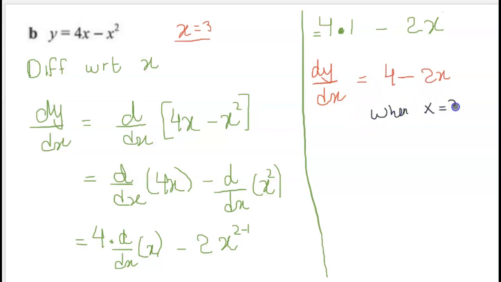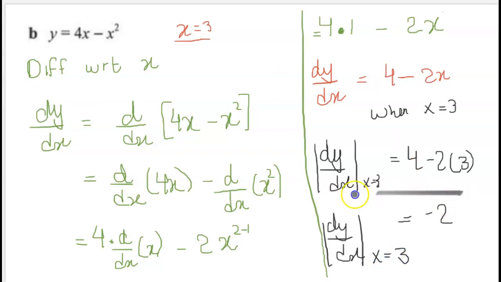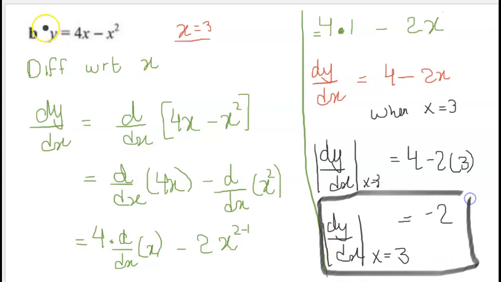When x is 3, what is the gradient? dy over dx, x is 3, going to be 4 minus 2 times 3. Now 4 minus 6 is minus 2. And that is your answer.